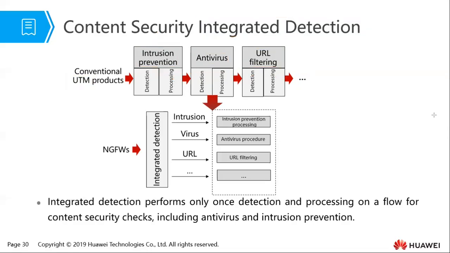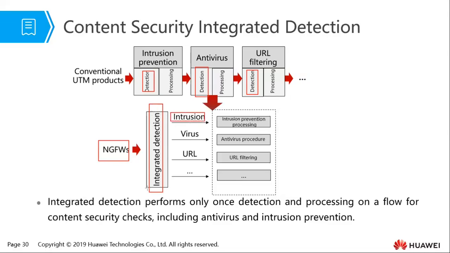Now, in order to improve the efficiency and the processing speed, this was improved in terms of design in the next generation firewalls. So in the next generation firewalls, we don't do the detections separately because it's going to waste a lot of time. What we do here is simply an integrated detection. We've specified all the parameters that are needed for each of these detections.